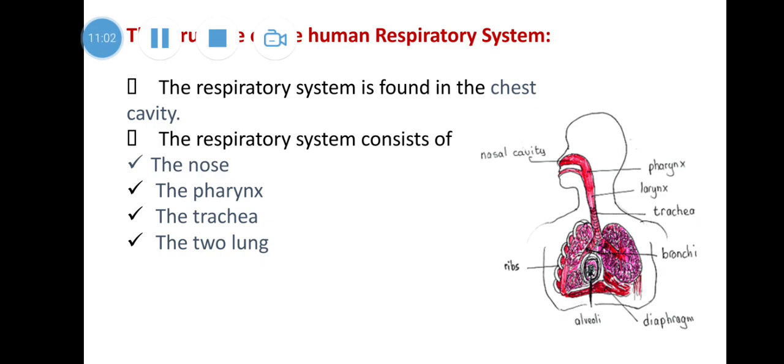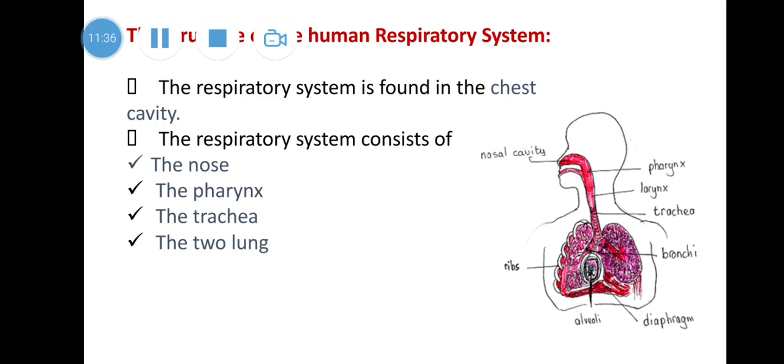This is the exchange process, so we can get rid of carbon dioxide, and the cells can take the oxygen, so they can get the energy they need for our body activities, which we have said before: growth, motion, sensation, nutrition, excretion, respiration, and reproduction, which is having babies.